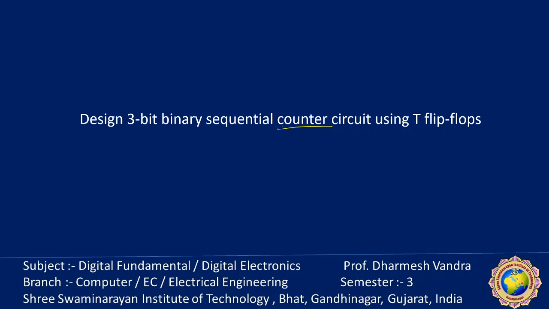A sequential circuit that goes through a prescribed, particular sequence of states upon the application of input pulses is called a counter. Suppose I have a clock pulse like this. A simple counter counts pulses.